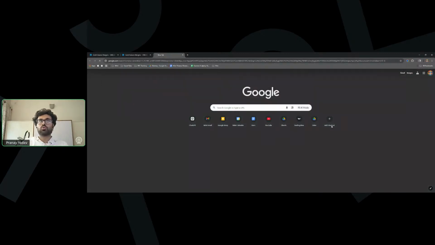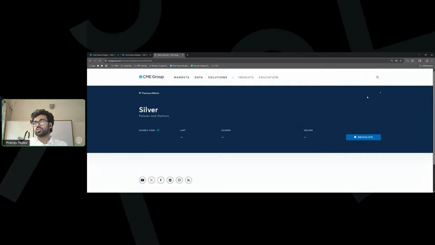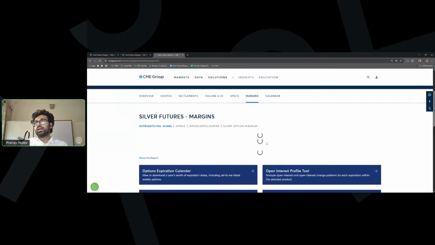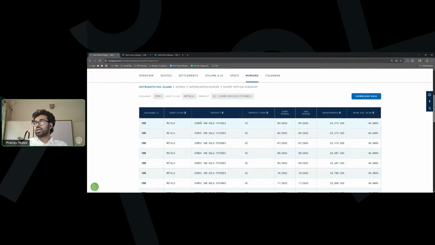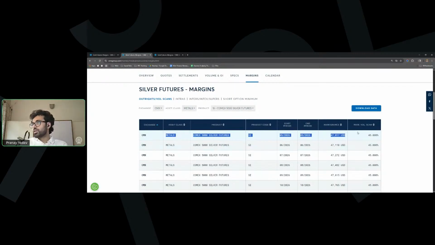I can probably open silver as well so that you can see what that would look like and put it into numbers. As you can see, one gold contract requires margin of 28,000. One silver contract requires maintenance margin of 47,000.